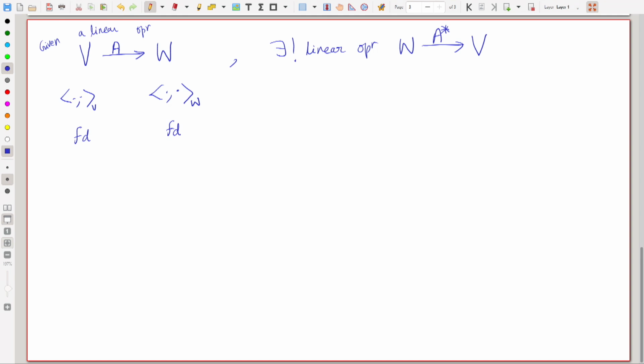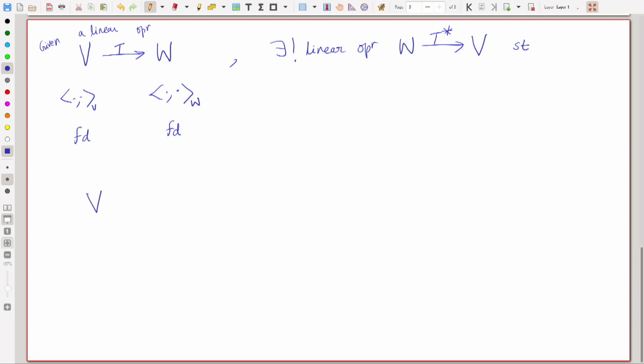Maybe I should not use A, let me call it T, because A is psychologically a matrix, T is psychologically an operator, at least for me. So there is a linear operator which goes in the reverse direction with the following property. Let me draw this picture.